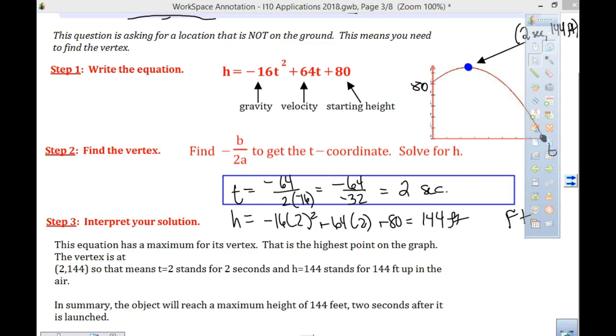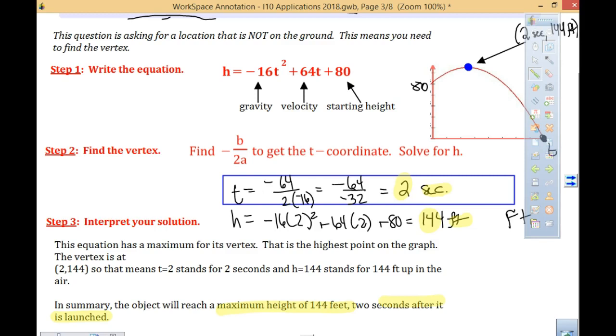When we think about our ordered pair, the 2 and the 144, keep the labels with those so that we know it reaches maximum height 2 seconds after it was launched. So that's what you've been doing before.